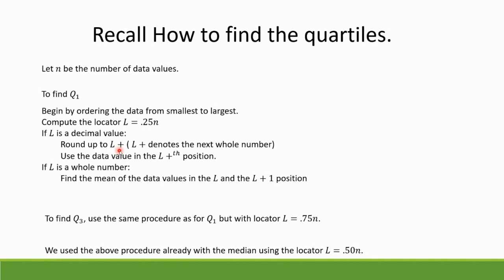If it was a decimal, we round up to the next whole number, as we did. Even if it was 0.1, you would round up. If it's a whole number, you get the average, the mean, of the data values in the L and L plus 1 position.